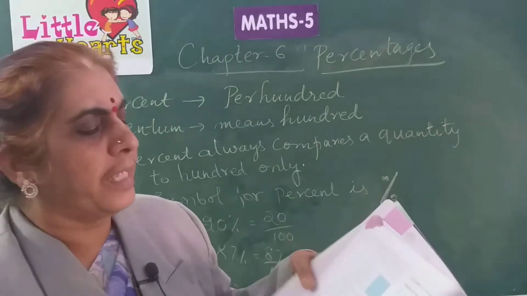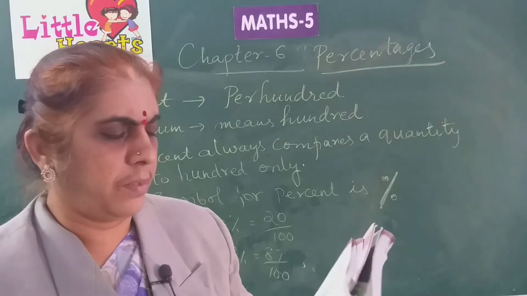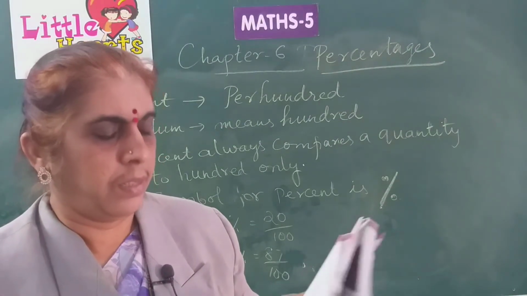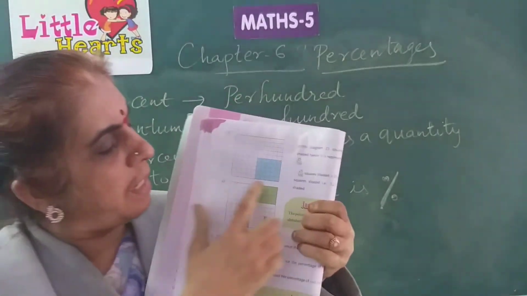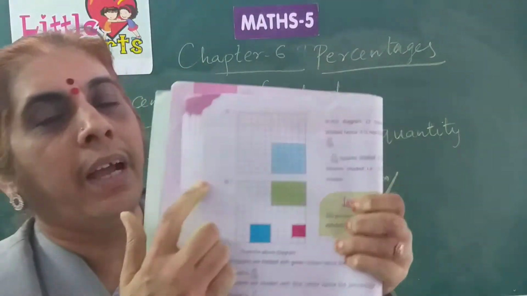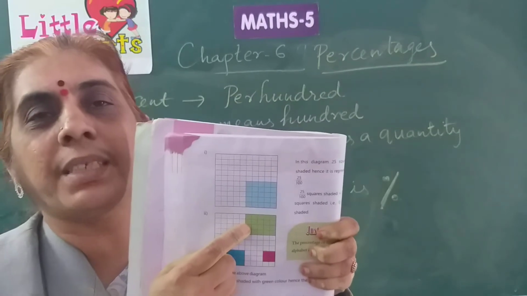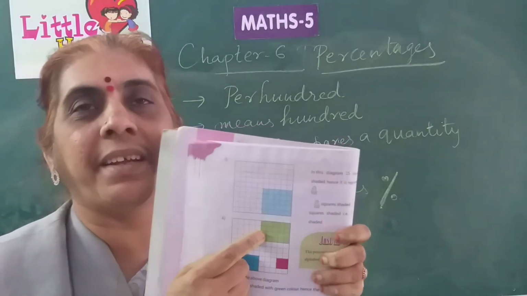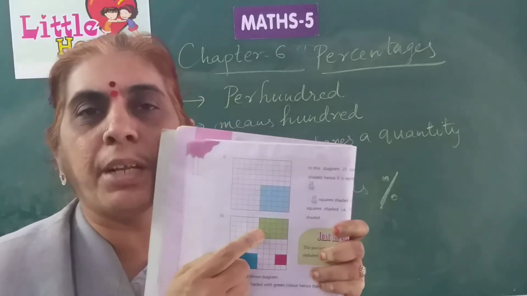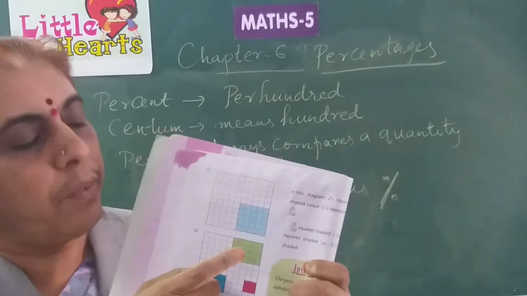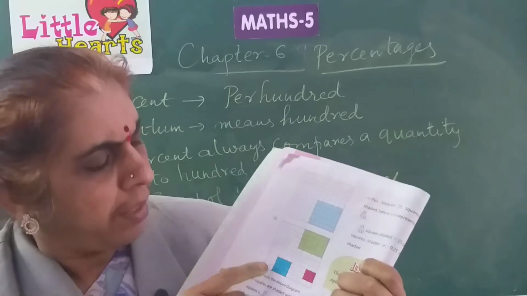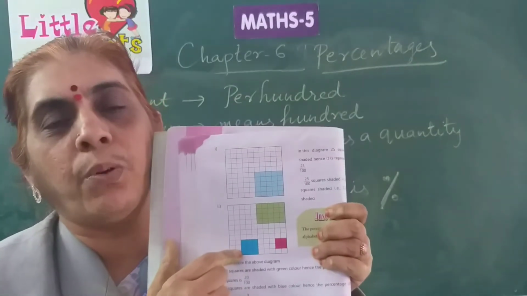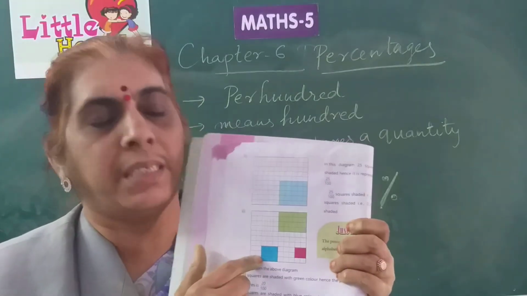And in the next figure, this is a 100 square grid. And here 20 squares are shaded in green. The percent of green color is 20%, 20 by 100. Out of 100, 20 are shaded in green color. Here the percentage of blue color squares is 9%.